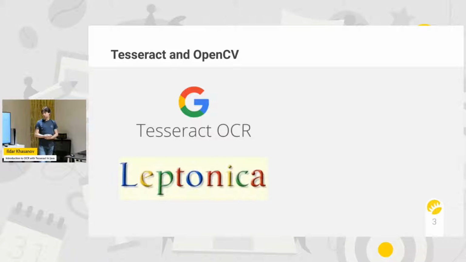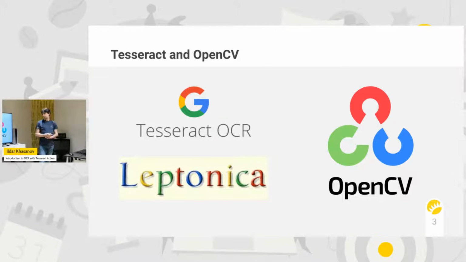And to do image processing, Tesseract uses Leptonica. It's mostly an educational library to perform image processing, but Tesseract relies on it heavily to do some pre-processing, to help normalize the image, and we will try it also. And to further improve Tesseract's recognition, we will use OpenCV.